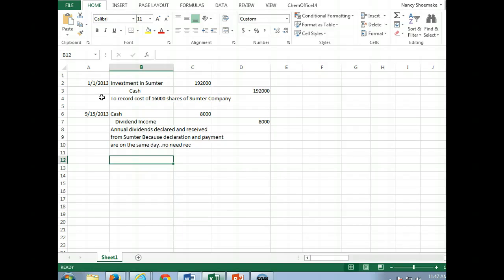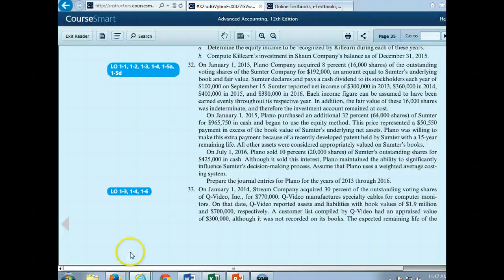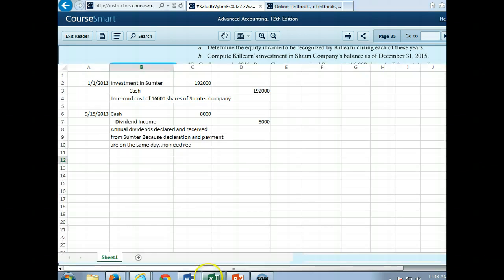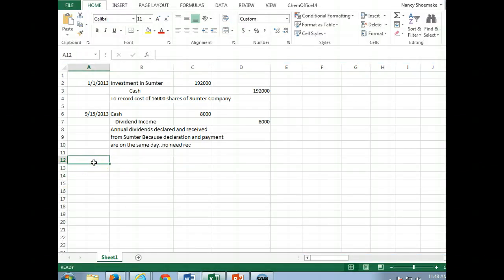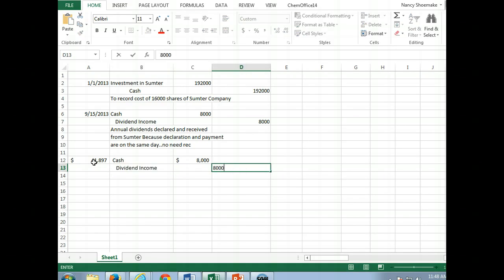Now, in 2014, they also received a dividend each year, 100,000. So in 2014, 9/15, we'll also have cash of 8 and dividend income of 8. Okay?